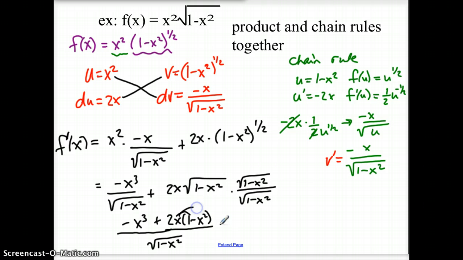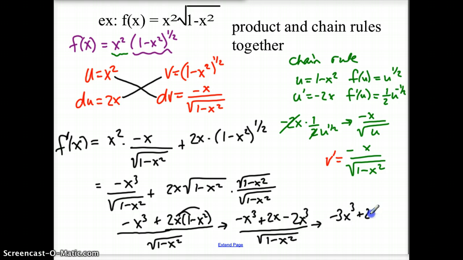So distribute that, of course. The book's just going to keep marching along, making sure that you get it as simple as possible. And combine your terms, so we got negative 3x to the third plus 2x. And maybe they factor out an x, maybe they don't. Just leave it however they leave it.